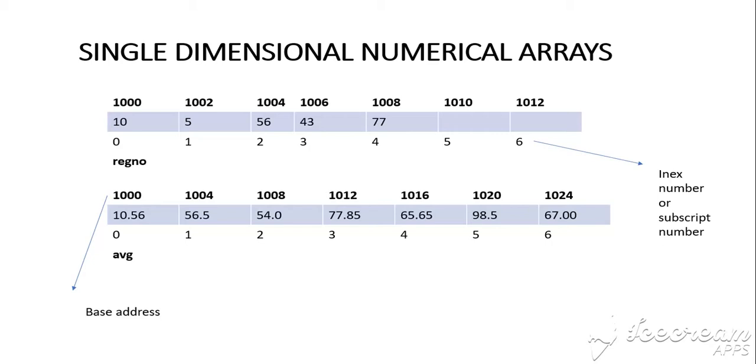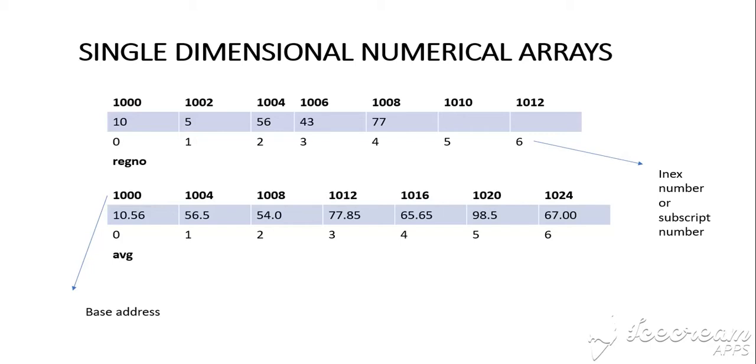So we said that the whole collection of homogeneous elements will be stored under a single name. So how can each element be referred to? For example, if there are 50 students in a class, and that particular class is class 10, how will you identify each and every student of the class?